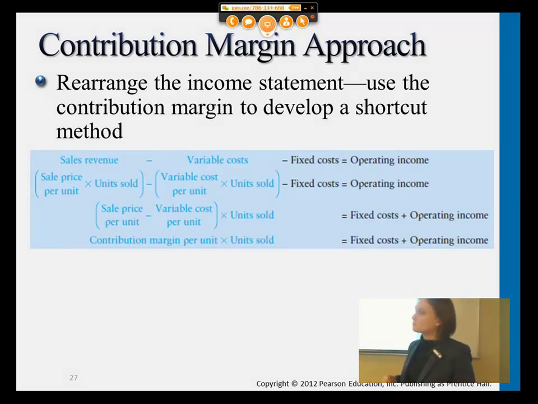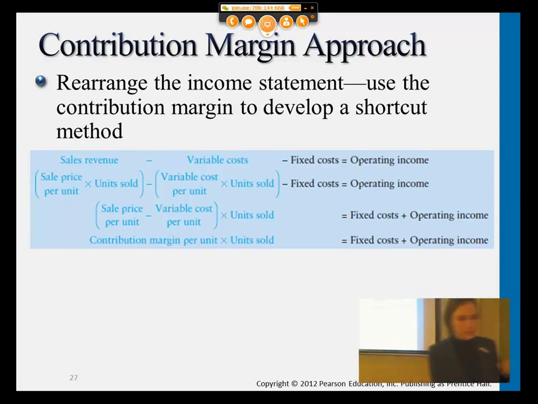With the contribution margin, I said there are more calculations involved, but it's not that difficult. Our operating income is the sales revenue minus variable cost minus fixed cost. It's the same as what we just talked about.